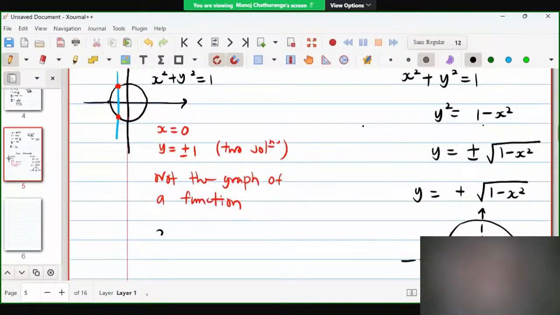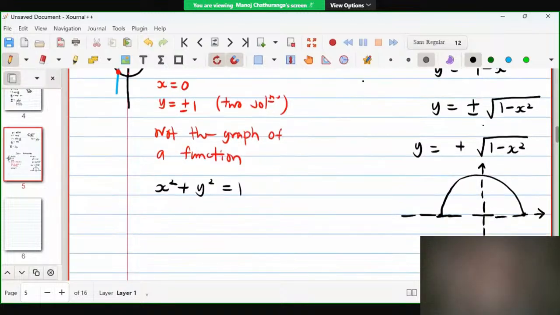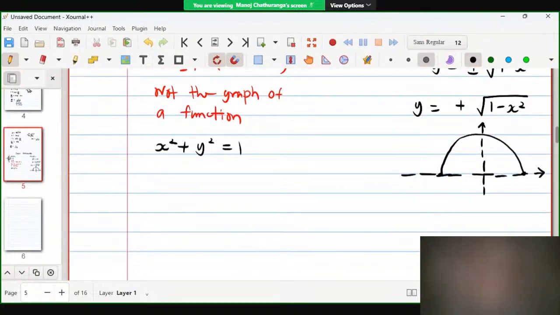Just take the equation and differentiate the equation. The derivative of x squared with respect to x is 2x. Then differentiate y squared. If you think about this, it is a composition of two functions.